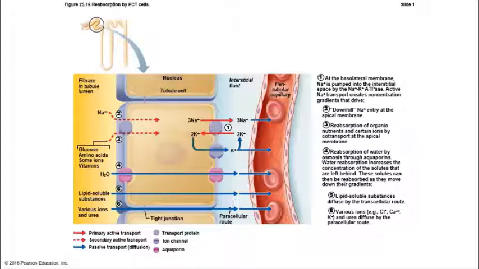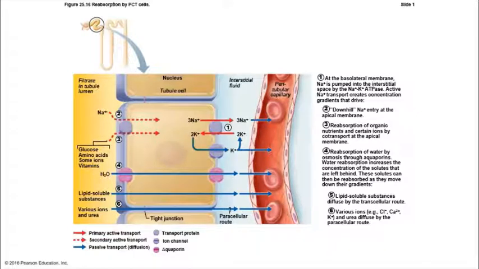That's what you're seeing in number 5. And don't forget things like charged particles, other ions, could simply use paracellular diffusion. They'll go between cells. That's what you're seeing in number 6. So 1 through 5 are all types of transcellular transport because you're going through the cell. And so that's how you're going to do a lot of reabsorption, primarily in the proximal convoluted tubules.